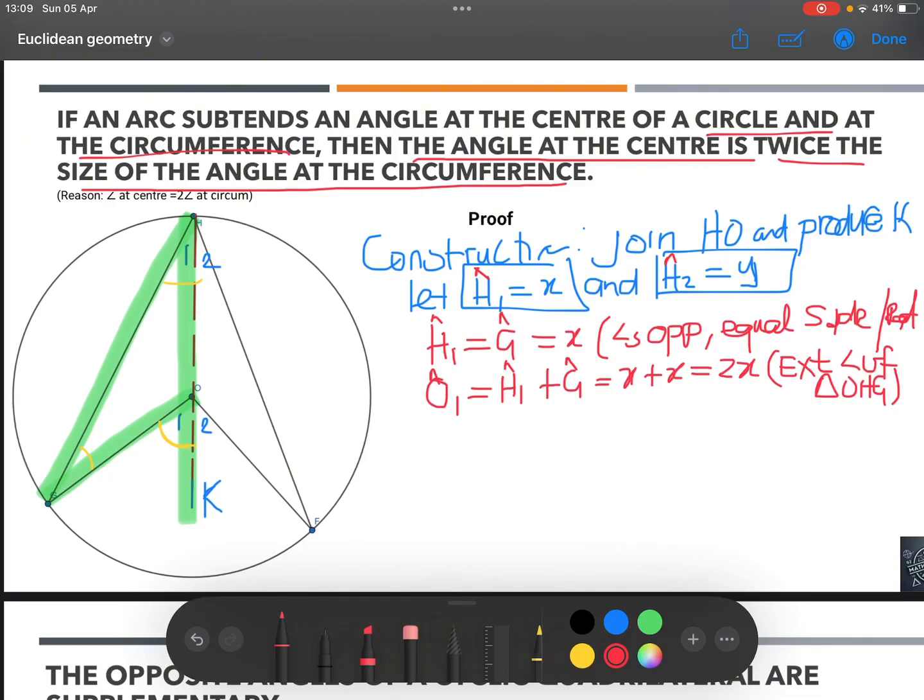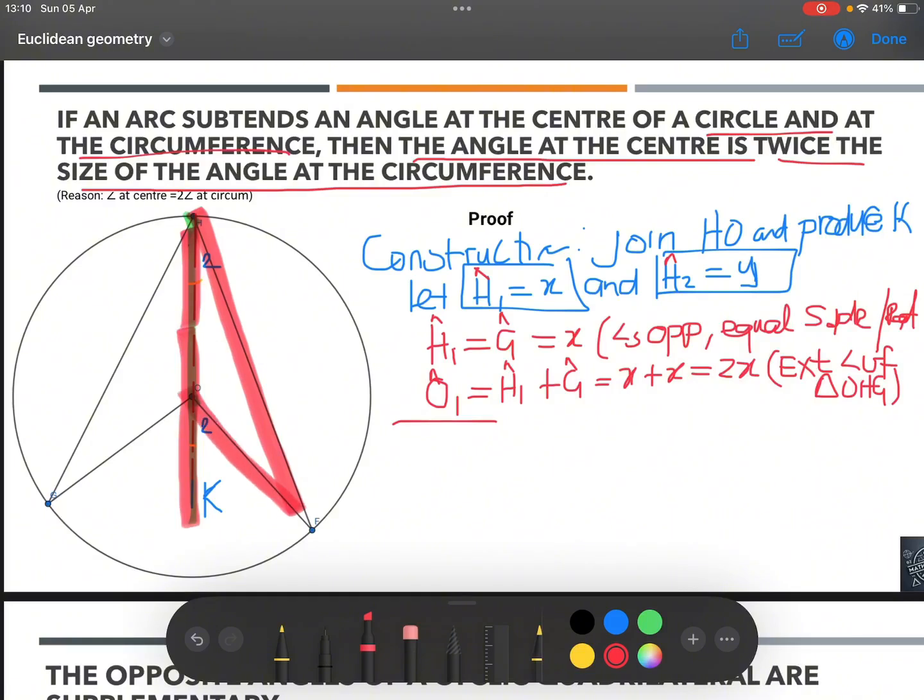Okay, so we're done with the first triangle. Let's look at the second triangle, which is triangle OHF.